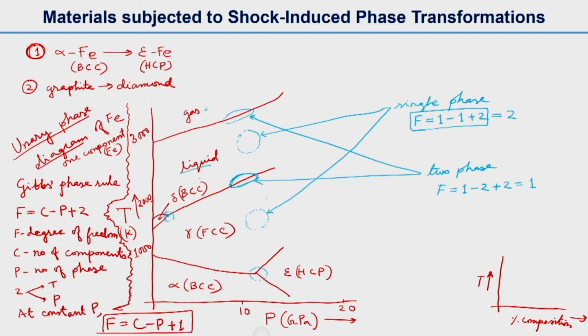So one is liquid, one is delta phase, and one is gamma phase. Similarly, in this triple point, there will be 3 phases. First one is the gamma phase, and then epsilon phase and alpha phase.